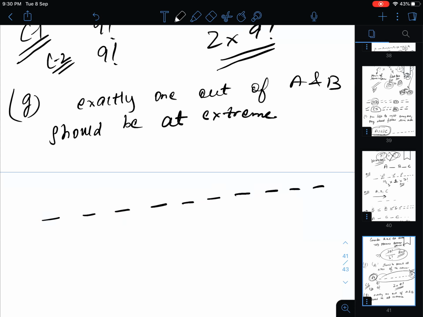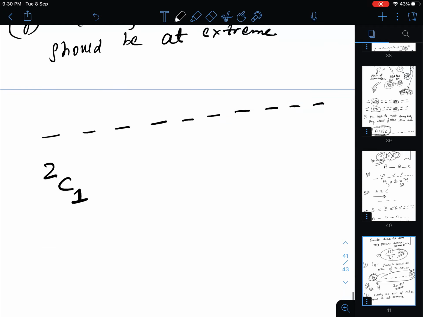What you do is, first of all, choose a corner, 2C1, that is either this one or this one. So this represents select a corner, 2C1.